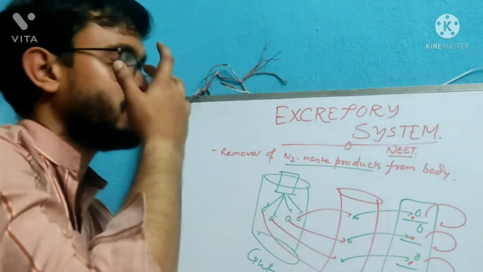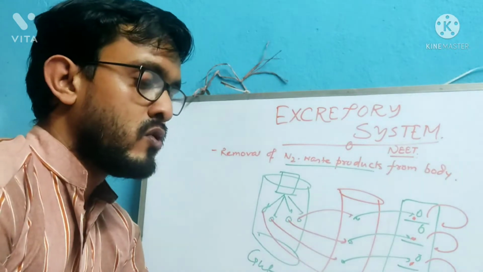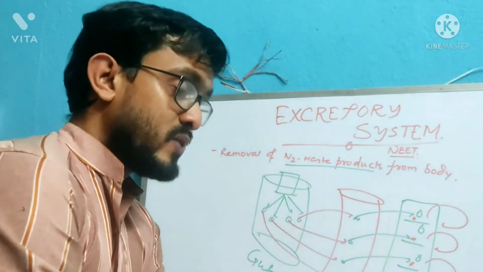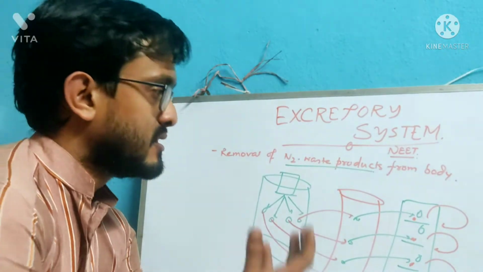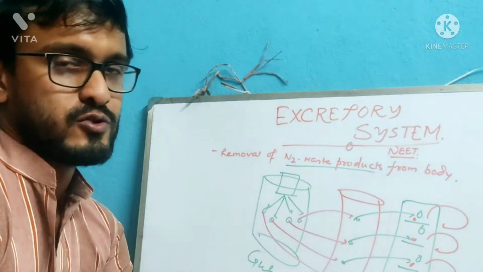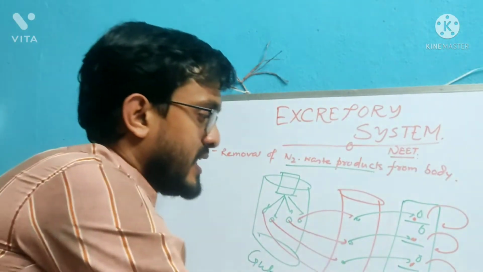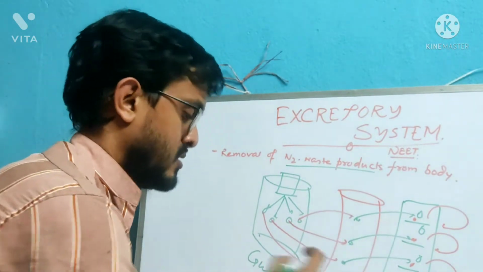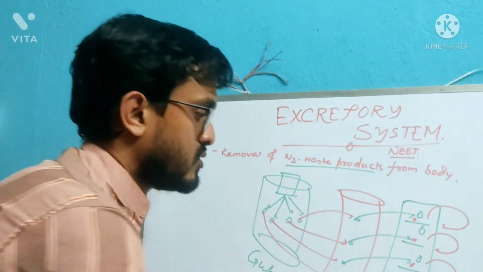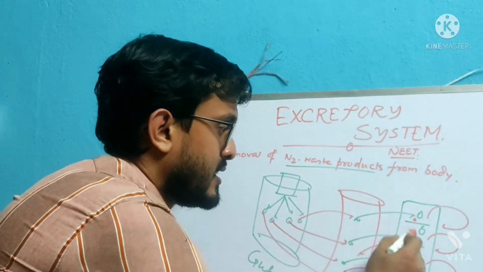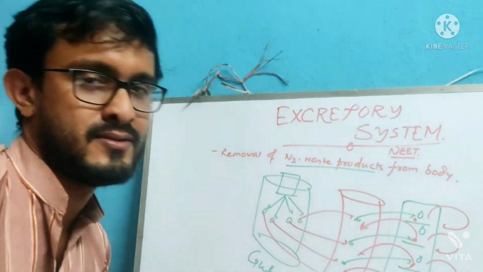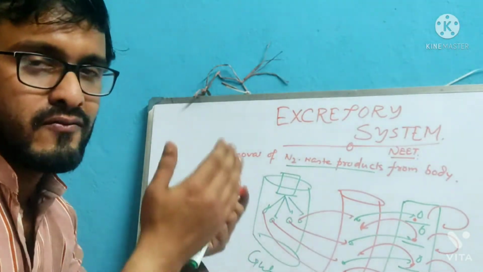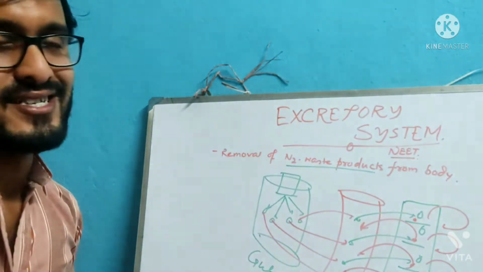In this metabolic activity, a few waste products which are nitrogen compounds, known as nitrogenous wastes, are produced. These will again transfer to the blood, and should be eliminated from our body. For this the excretory system is there.